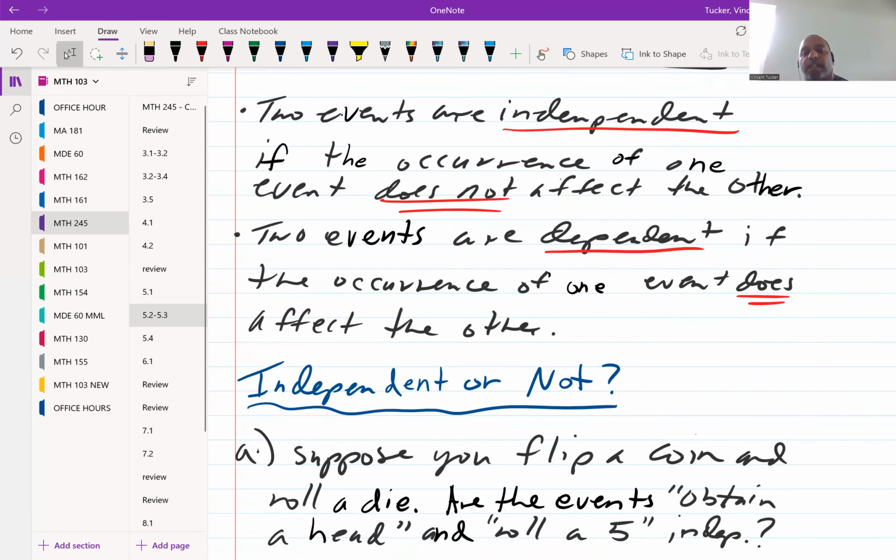All right, so the first exercise we're looking at is establishing whether two events are independent or not.